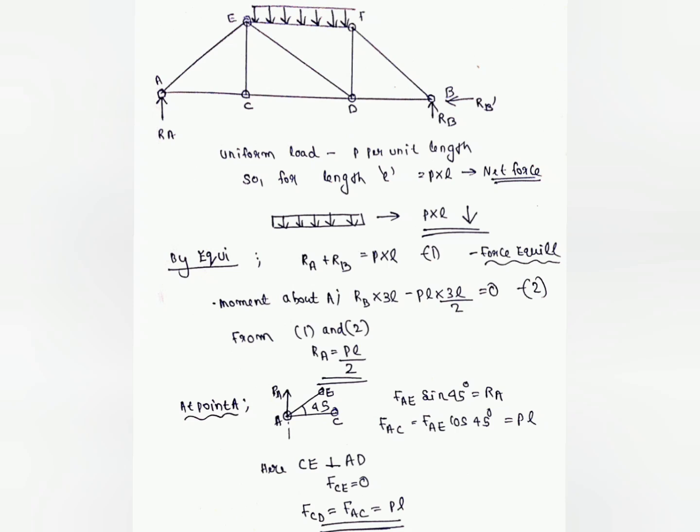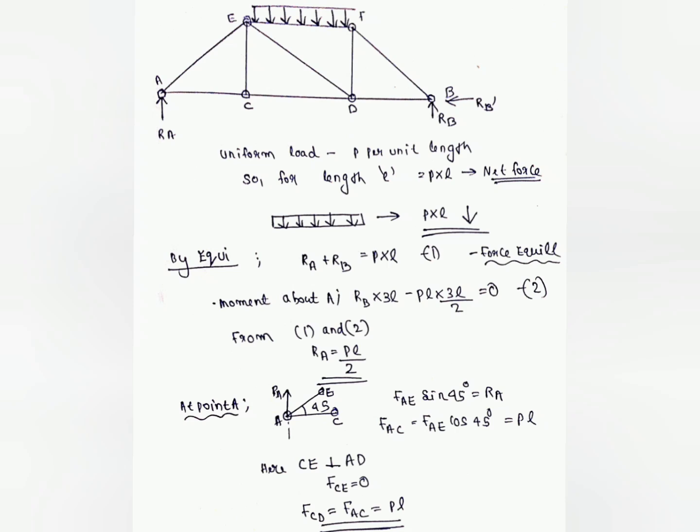So now to solve this problem, we have to apply the basic equilibrium law. By force equilibrium, considering the vertical reactions, we know a roller and a hinge are given. For a roller there is only a vertical reaction, but for a hinge there is a horizontal as well as a vertical reaction, but there is no significance of the horizontal reaction in this question.